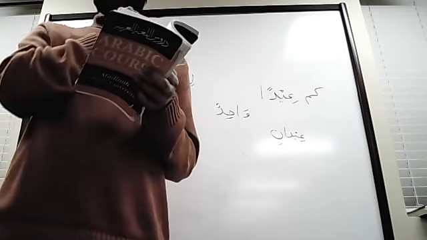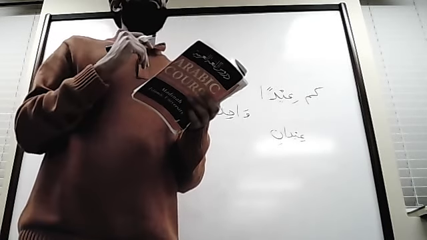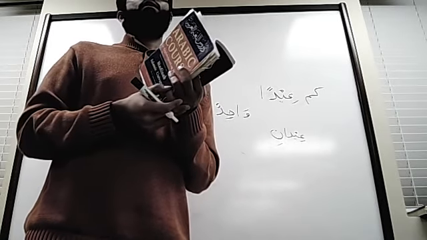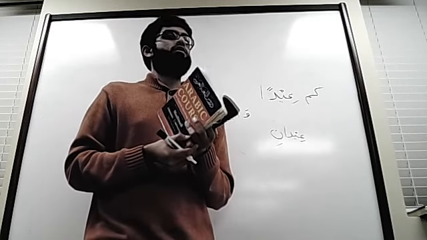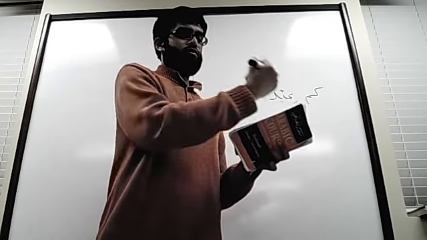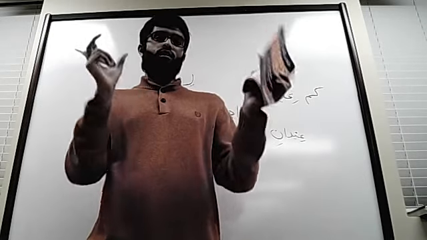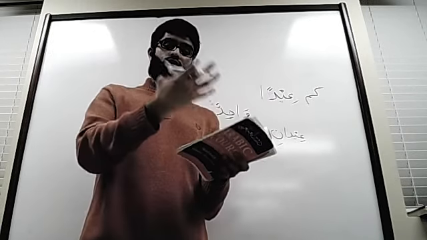Fissanati Eidani? What's Fissana? Sana means year. In the year, there are two Eids, right? And obviously you have to switch the mubtada and khabar around, so you're saying in the year are two Eids.